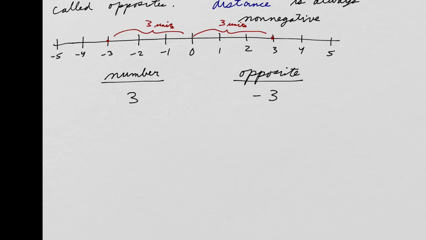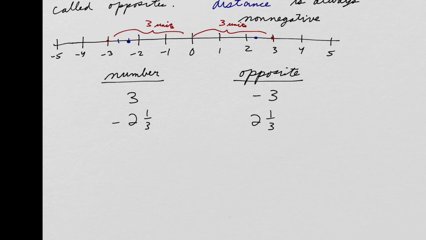Okay, if the original number was -2 1/3, so let's say right here, I have to split this up into thirds, right? So it's like right here. This distance would be 2 1/3 units away from 0. What number on the other side is 2 1/3 units away from 0? Well, it must be +2 1/3, right? So if my original number is -2 1/3, the opposite must be +2 1/3.